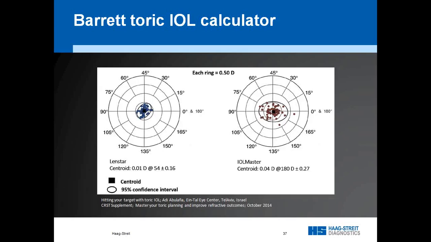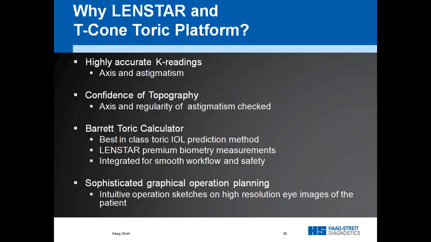So let's sum it up. With the LensStar T-Con toric platform, we can provide you with highly accurate K readings. We can improve the confidence using topography to check the axis orientation and the regularity of the astigmatism.